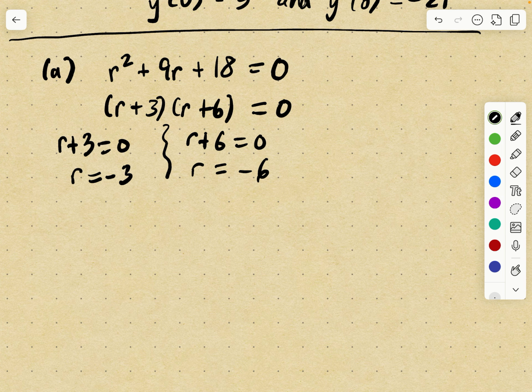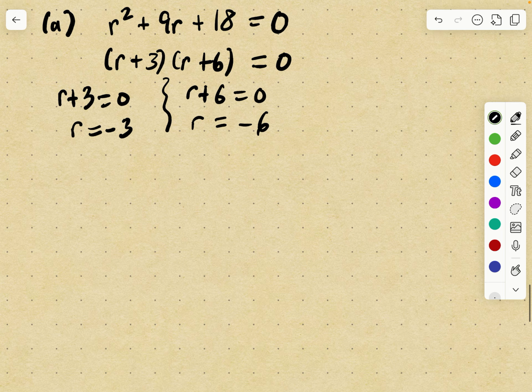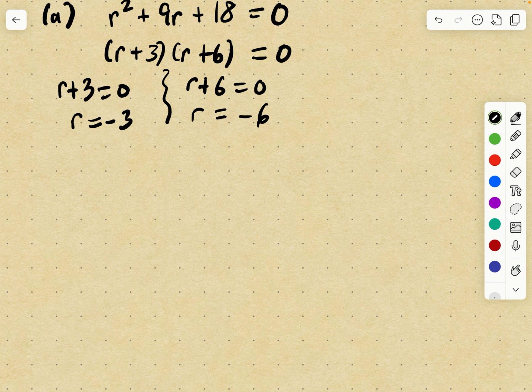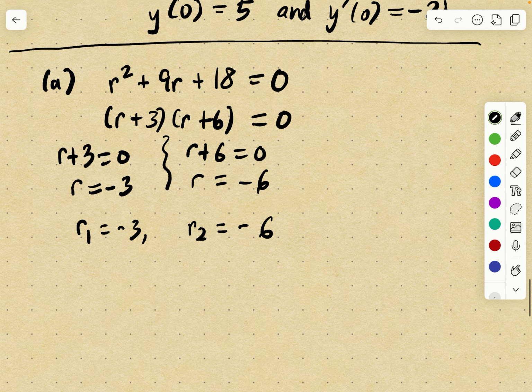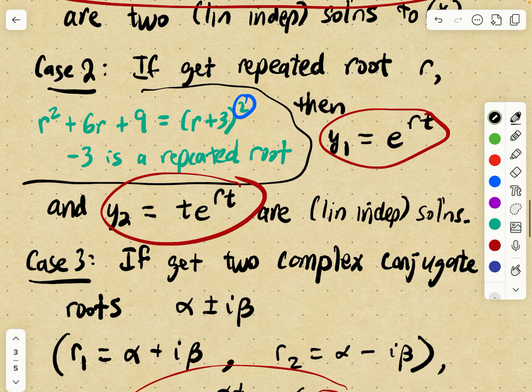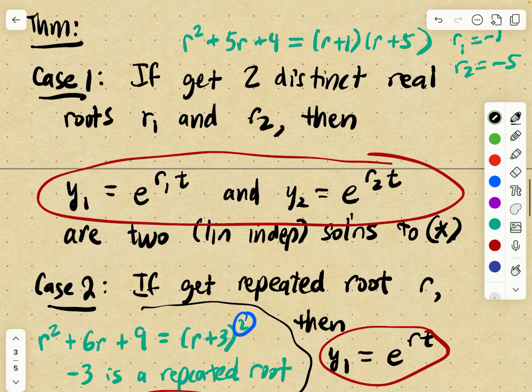So your roots are distinct. They're negative 3 and negative 6. You just call one of them negative 3 and the other one negative 6. So let's say that r1 is negative 3 and r2 is negative 6. If you said that r1 is negative 6 and r2 is negative 3, that's perfectly fine. You're going to get the same answer. Anyway, now this is case 1, right? And if you don't remember, we look at the formula.